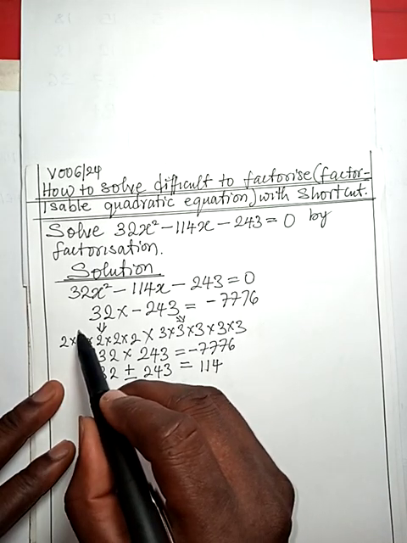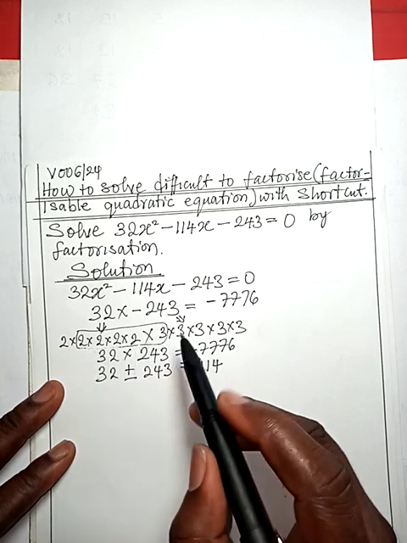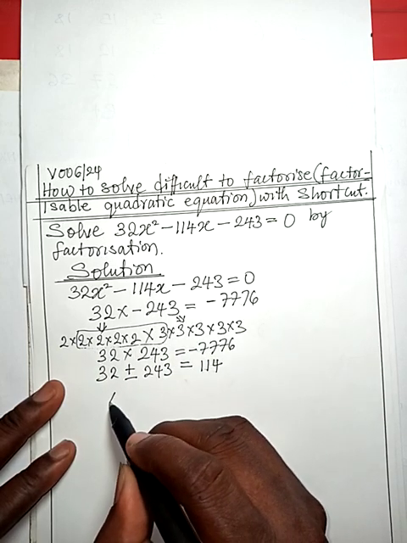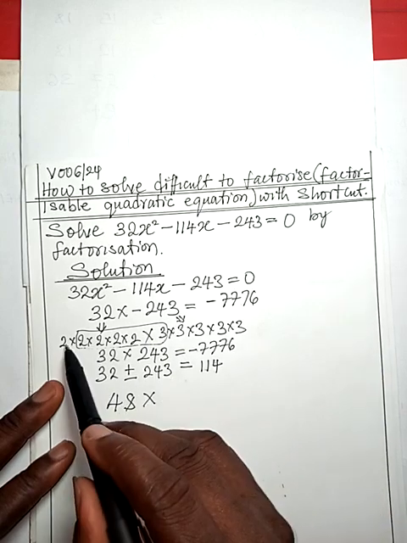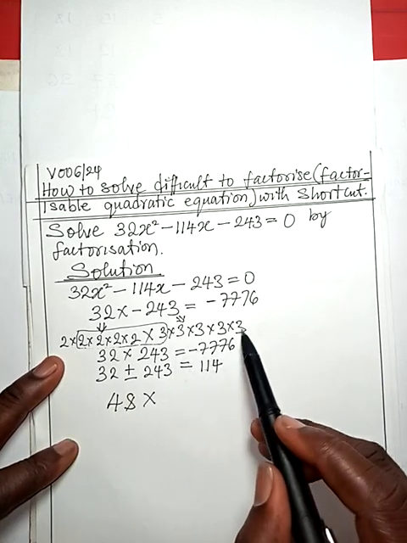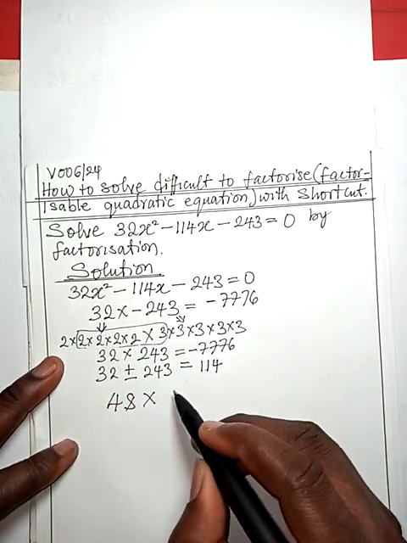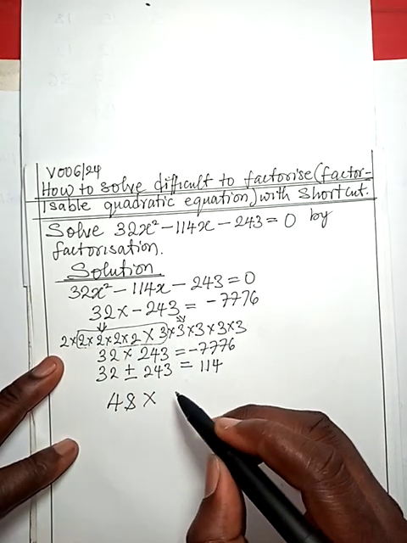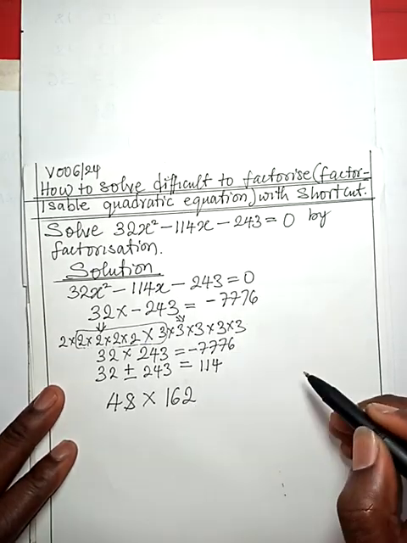Now, notice this. When you multiply this number, this is 16 times 3. That will give me 48. And then 48 times this. This is 81 times 2. This times this will give me 81 times 2, that will give me 162.